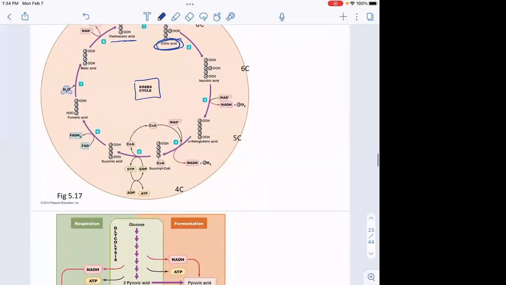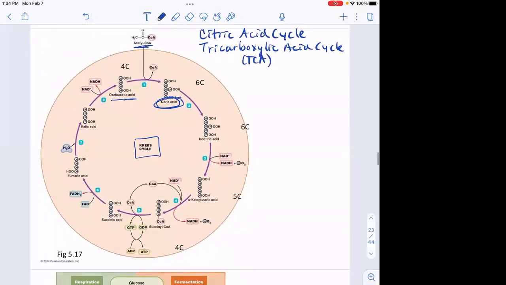We call it that sometimes because there are lots of intermediates here that have 3 carboxylic acids, or at least several of them. So whether you call it TCA, citric acid cycle, or Krebs cycle, that's all referring to the exact same thing. And this is taking place in the cytoplasm for prokaryotes.